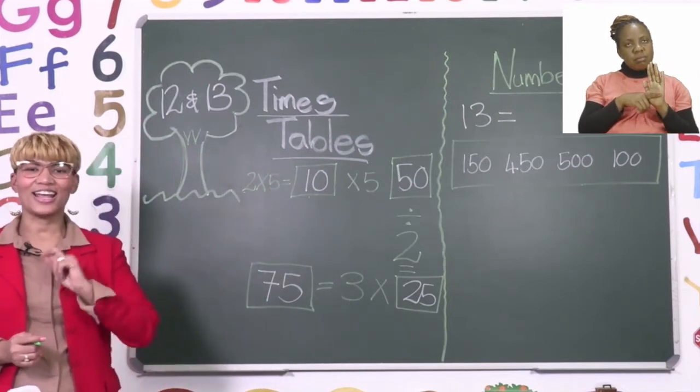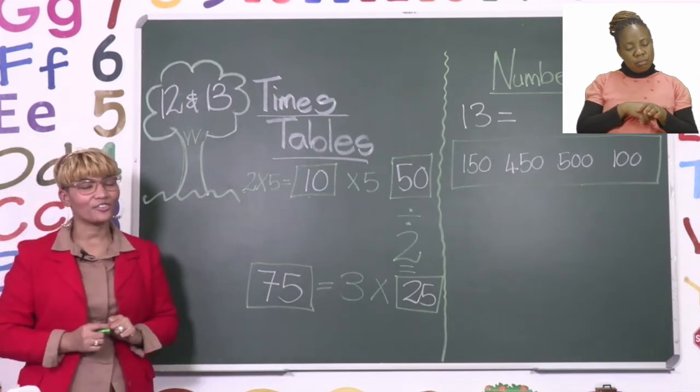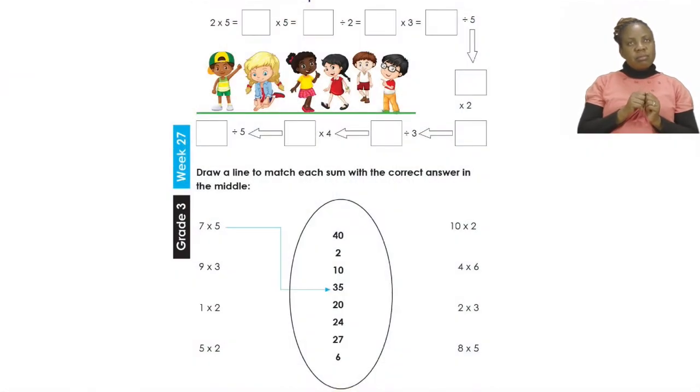Right, now let's quickly go back to page 12 and see what else it is that we have to do here. In the next part of the lesson, it says you have to draw a line to match each sum with the correct answer in the middle. Now you will see you have sums on the left side and you have sums on the right side of the page.